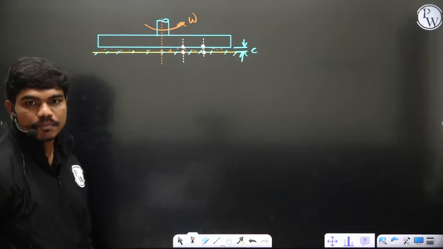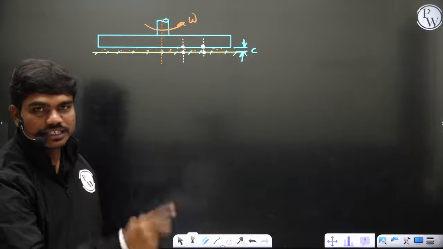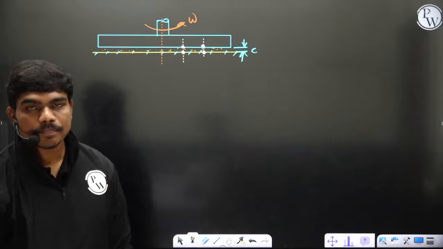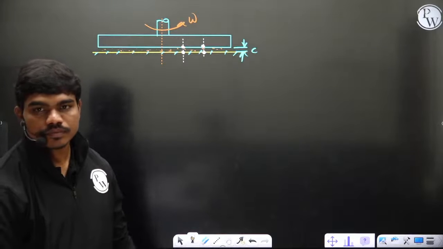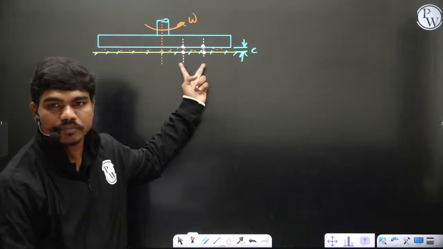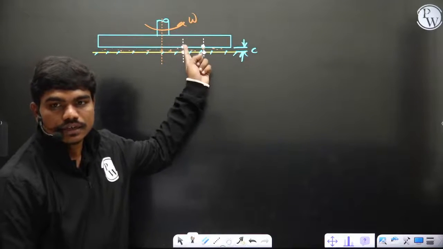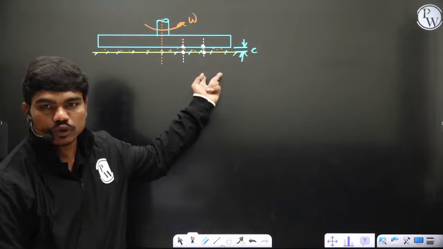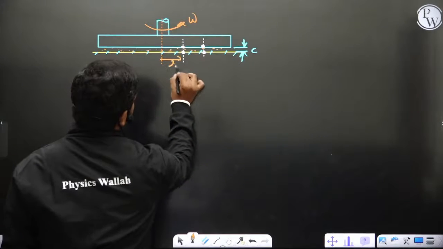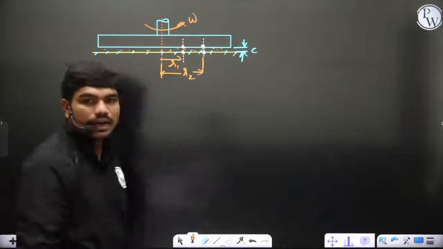Are the velocities of points on the disk at different radii the same? If the disk is rotating, then definitely the velocities at those two points are not the same, because this point is at a radius r1 and this point is at a radius r2. So r1 omega and r2 omega are not the same.